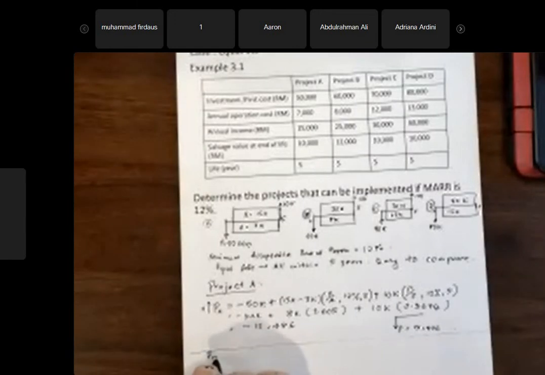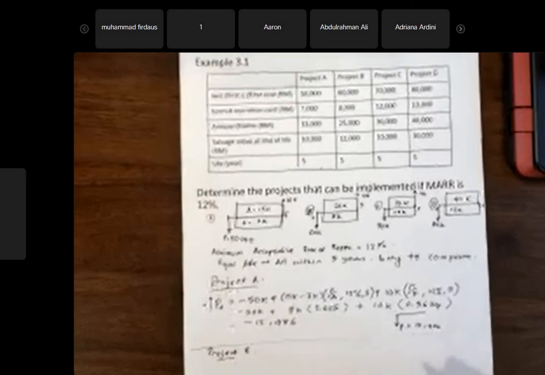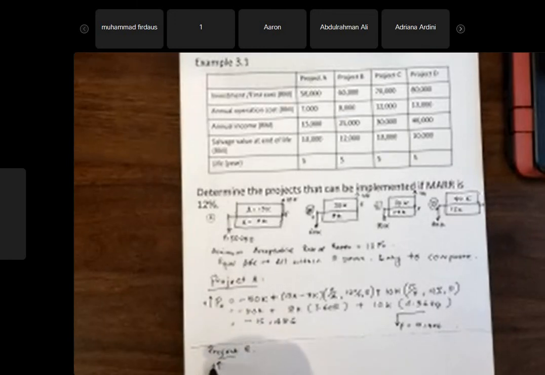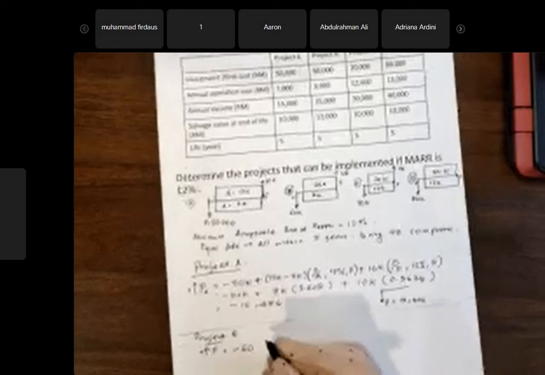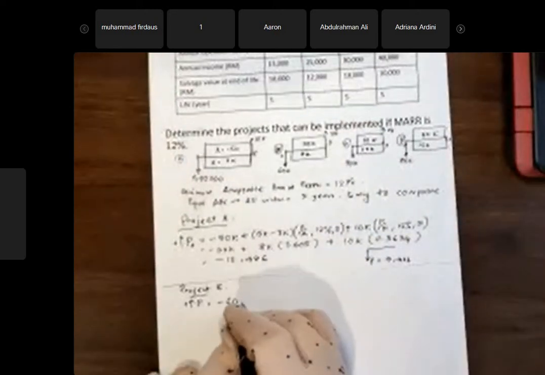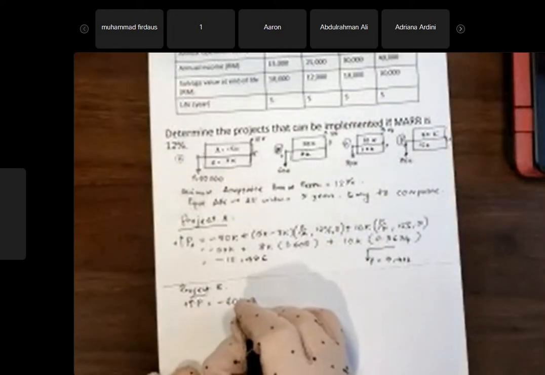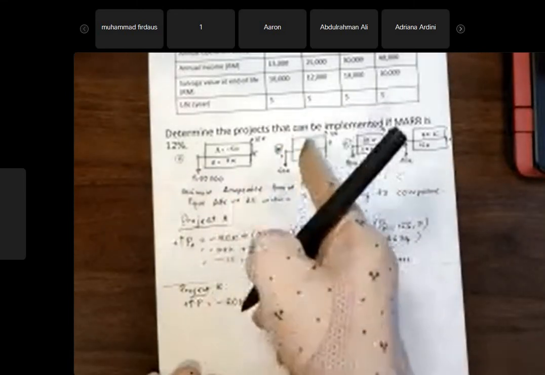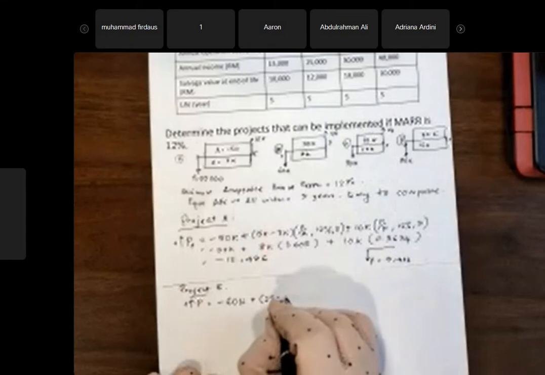Now we go to project B. You will do each one independently. Upward is positive, so P is negative 60K plus the 25 minus 8.